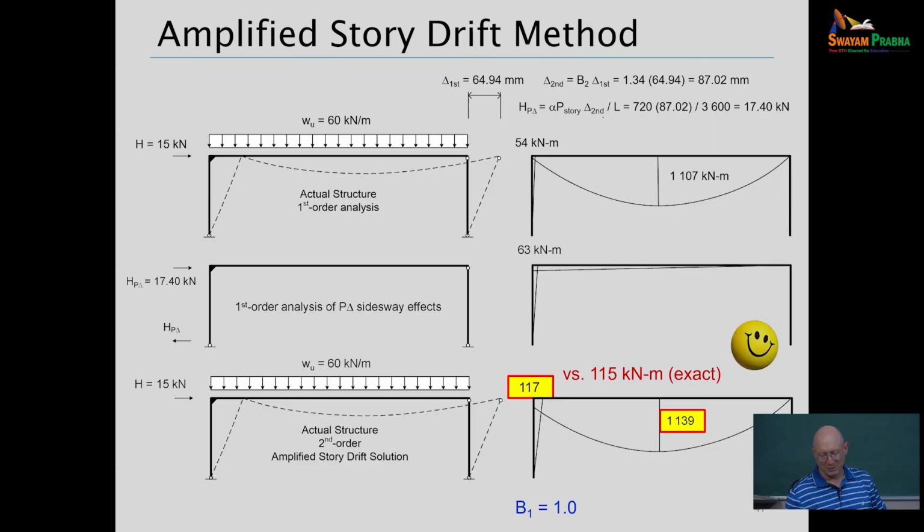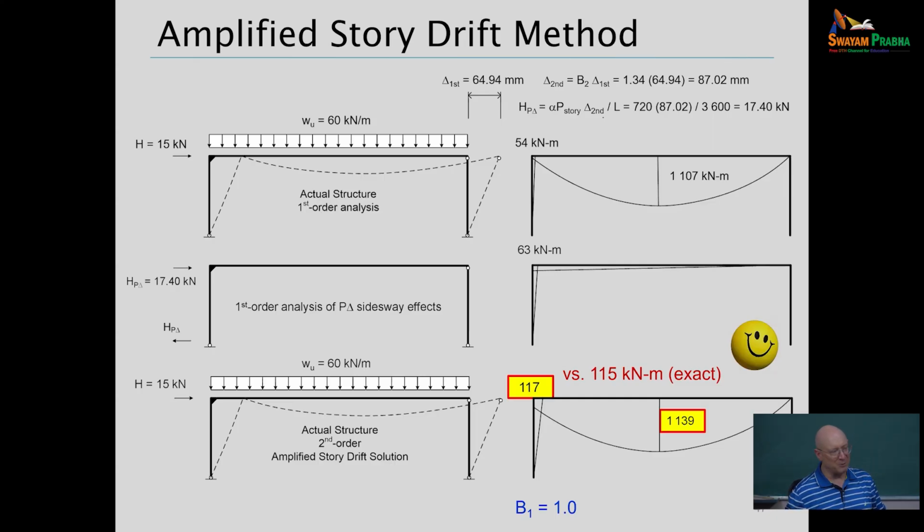Here B1 is 1, so that's simple. 117 is still a little conservative. The rigorous analysis using, say, Consteel or another program would give 115 here. Why is it conservative? Because R sub M has some conservatism built into it.